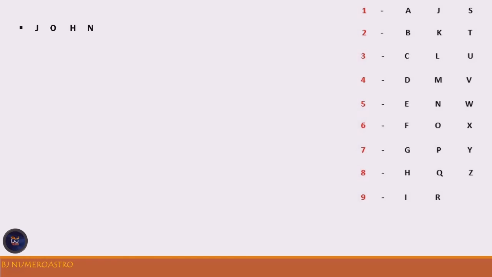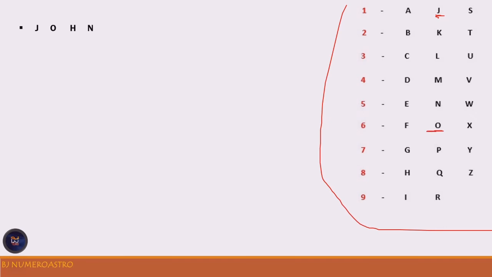After we've crammed this stuff, you're going to see that it will be very easy for us to know now. So someone bearing John, letter J has the value what? What's the value for J here? That's 1. O has the value 6.